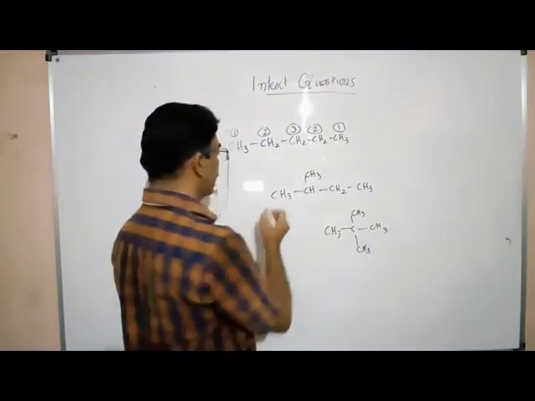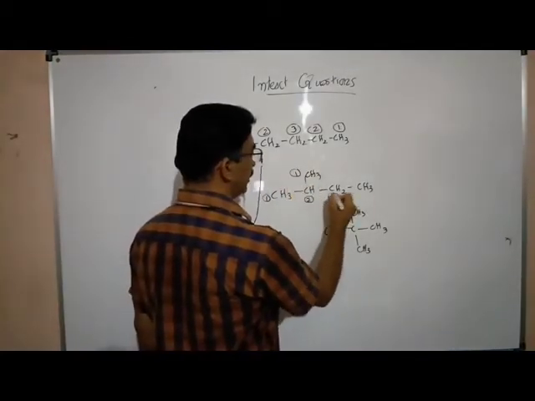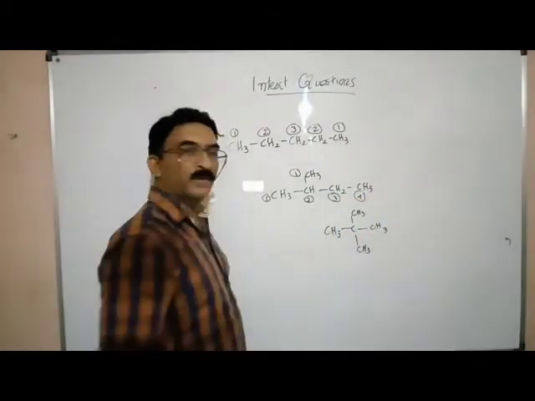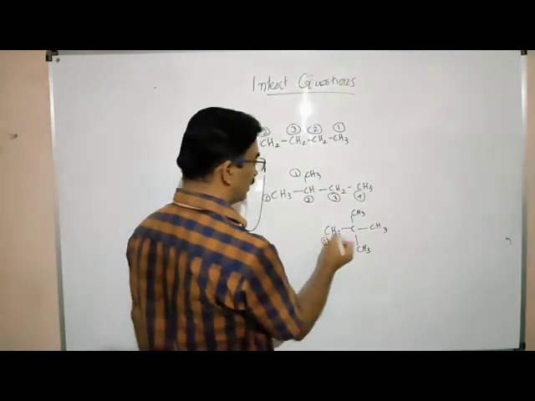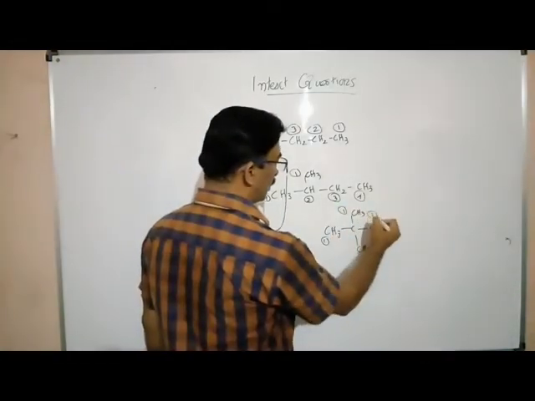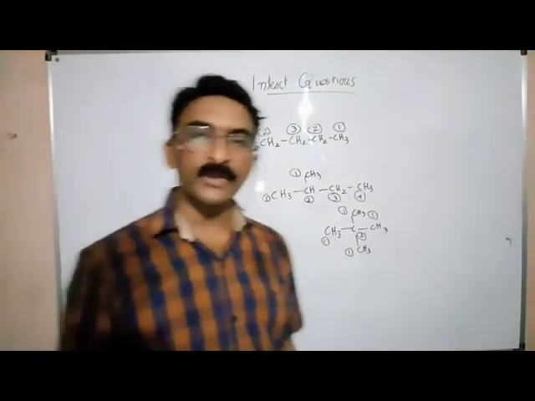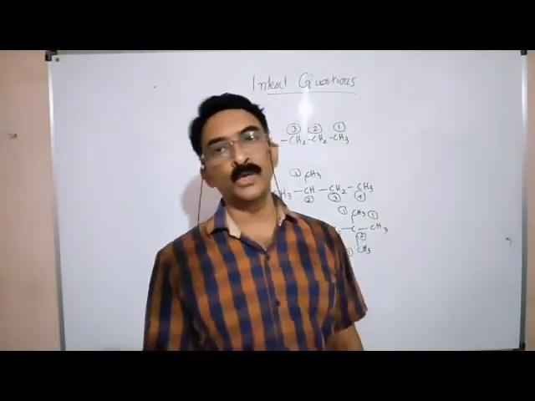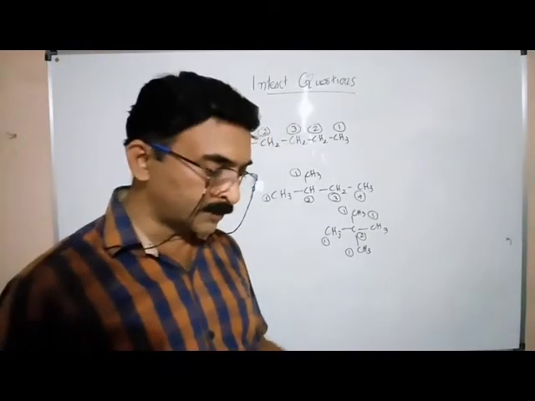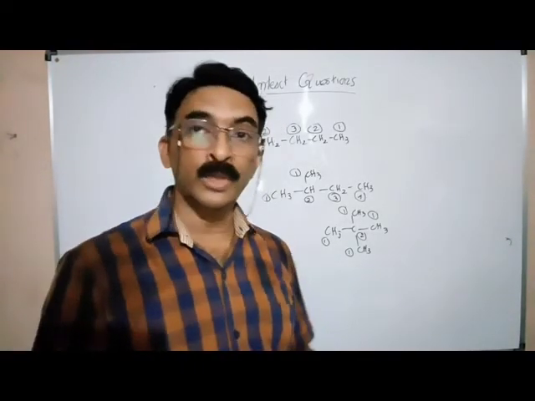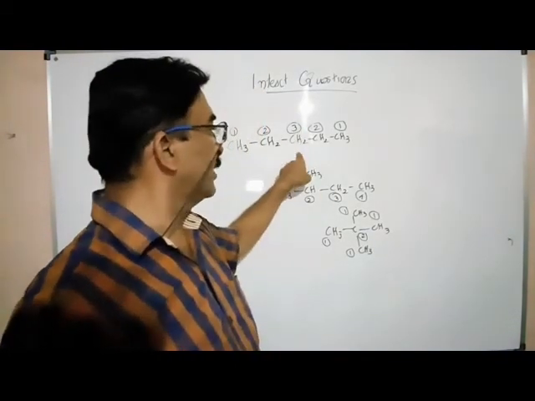Here 1, 1, 2, 3, 4: there are 4 different carbons, so 4 different chlorine substitutions. Coming over this, 1, 1, 1, 1 and 2: on whichever carbon 1 you substitute a chlorine, you get the same product, and carbon 2 is non-substitutable. So we got all the answers: that giving 1 isomer only, that giving 3 isomers, and that giving 4 isomers.